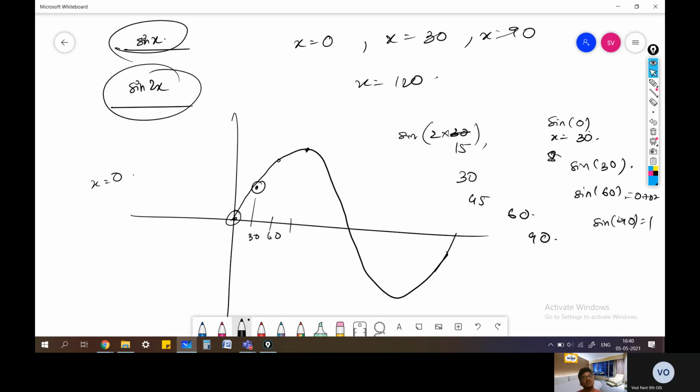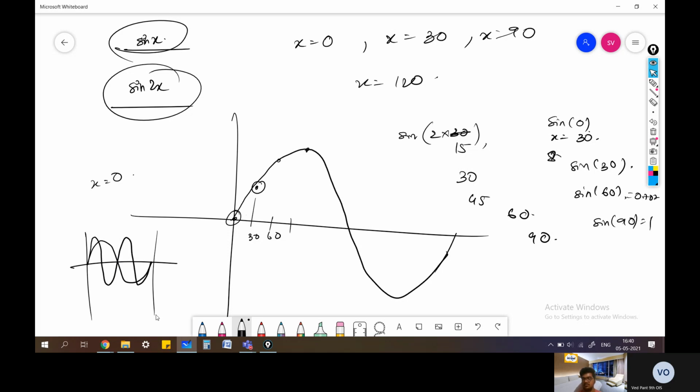Frequency is how many wave cycles there are in a particular time period. If my wave is one and you double the frequency, it will become like this.